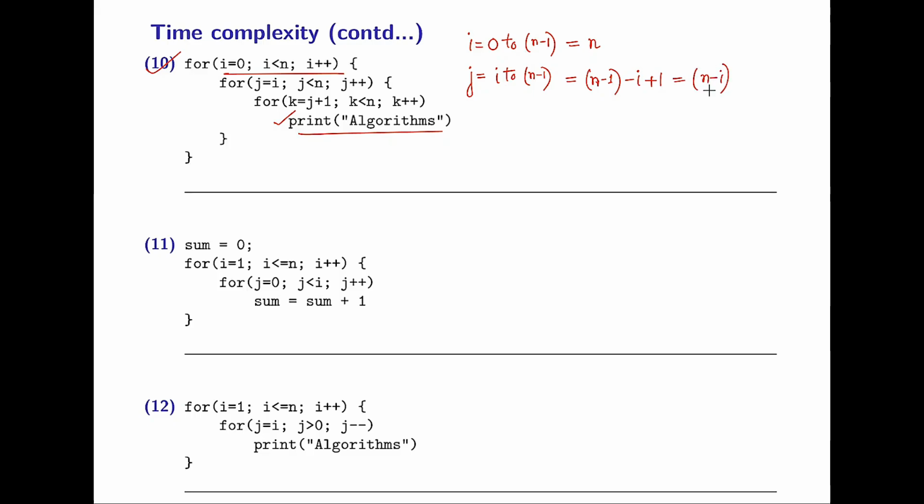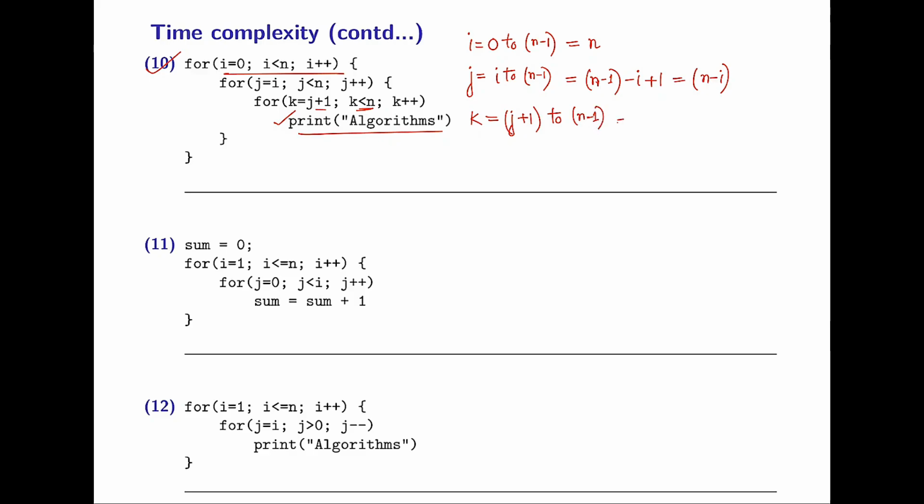i. And k, now okay, let's go to k. k is j plus 1 to n minus 1. So here it is j plus 1 to n minus 1.